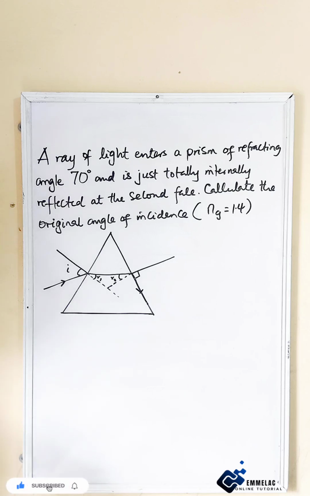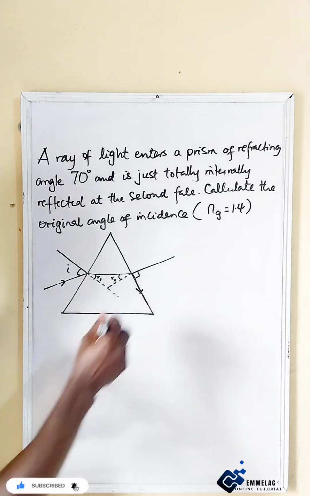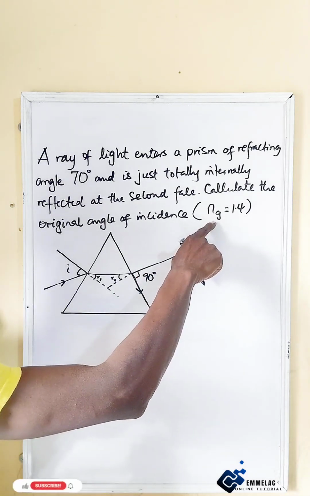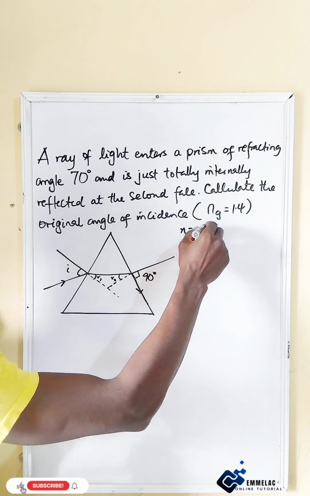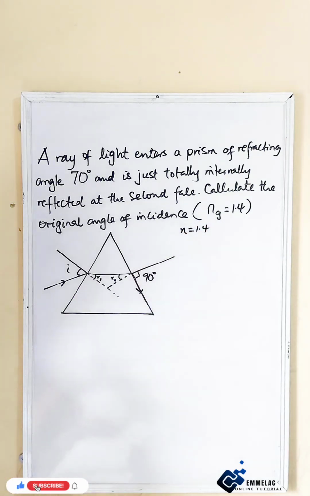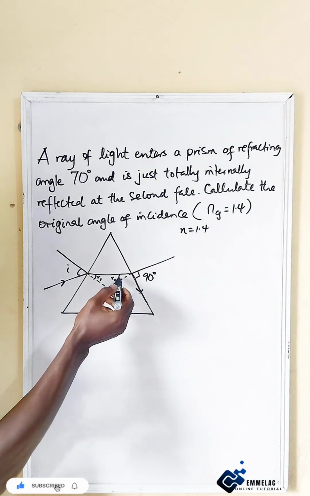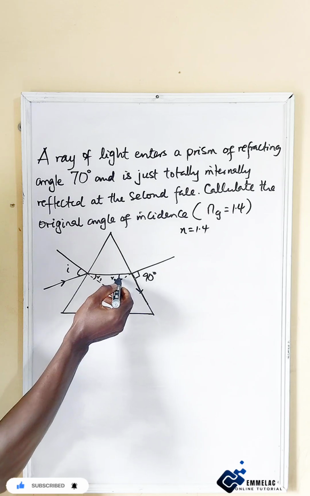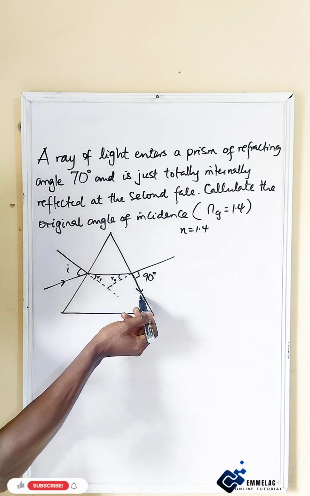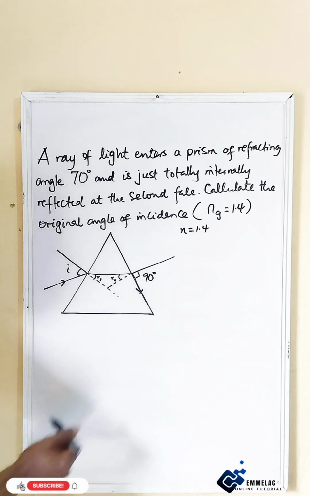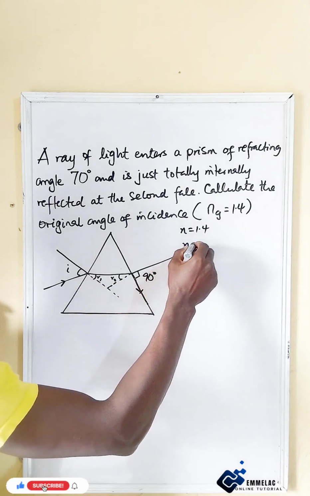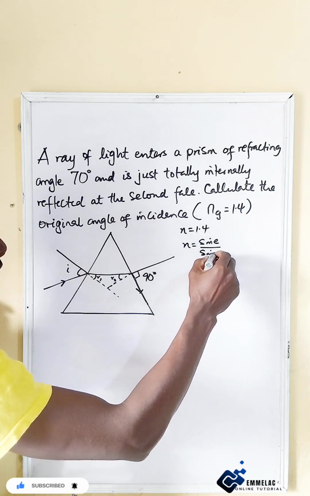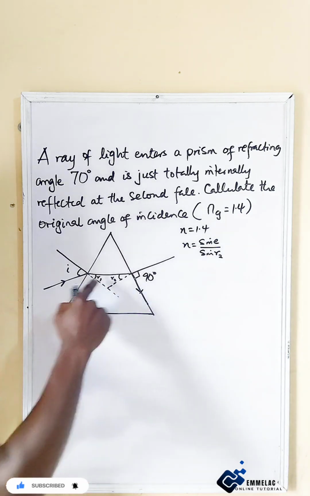Since here is 90, and we are given that the refractive index of the glass, n, equals 1.4, the first thing is to find R2, the refracting angle for the emergent ray. So n equals sine E over sine R2.